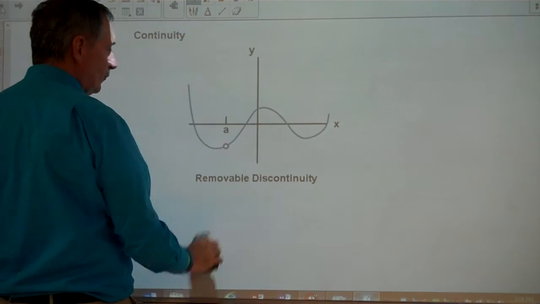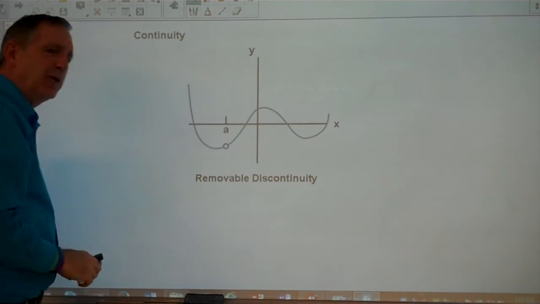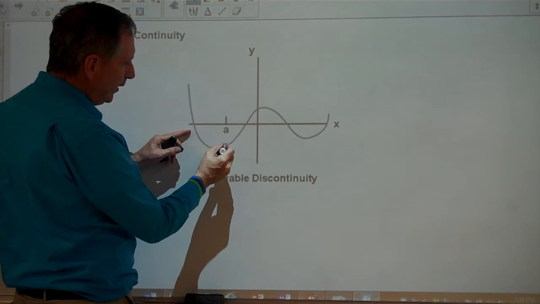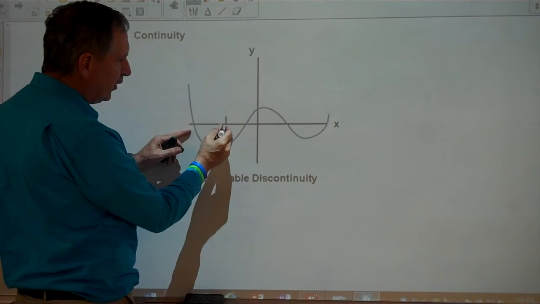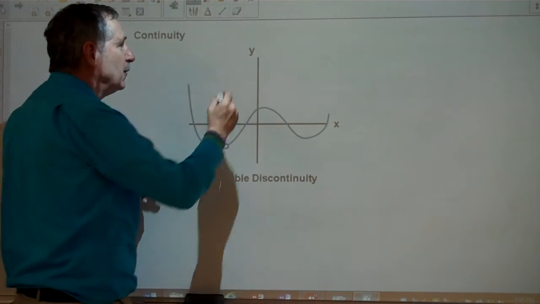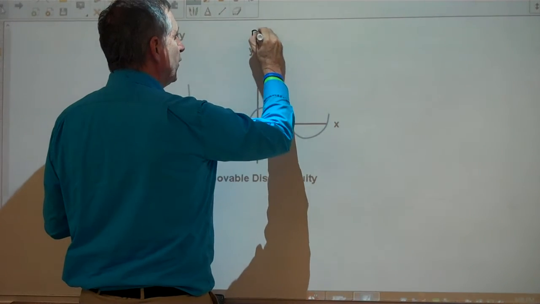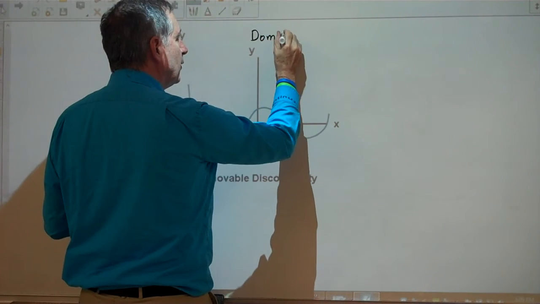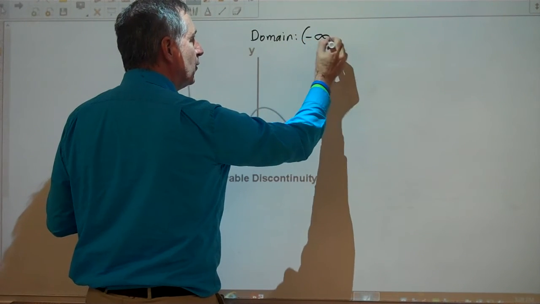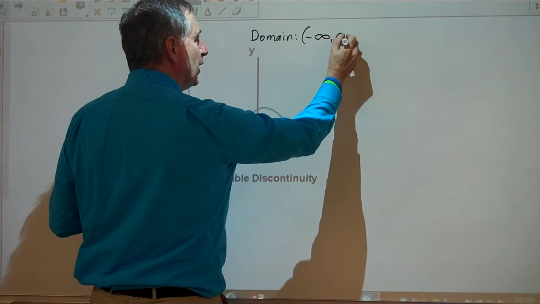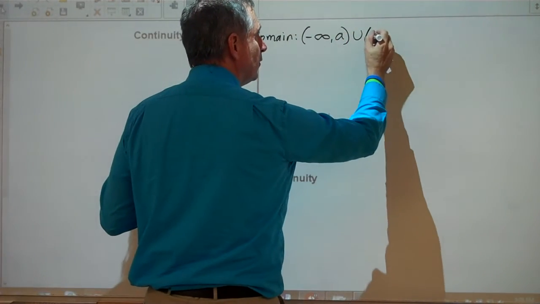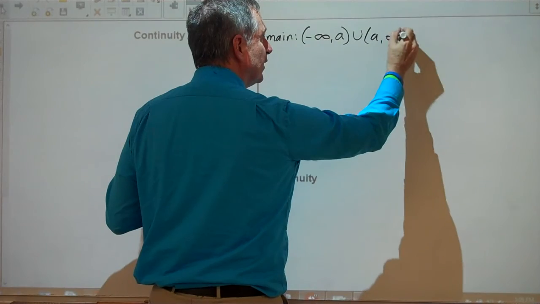Next, we have another example of removable discontinuity where it's similar to the last drawing, except at a, you have a discontinuity, but you also do not have a place filled in for it. And so for the domain, we would go from greater than negative infinity all the way to a, but not including a, union a, infinity.